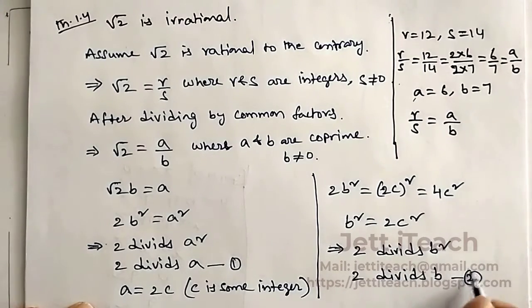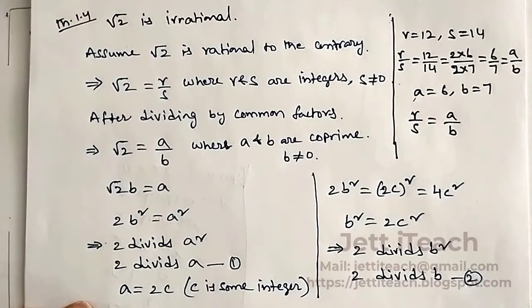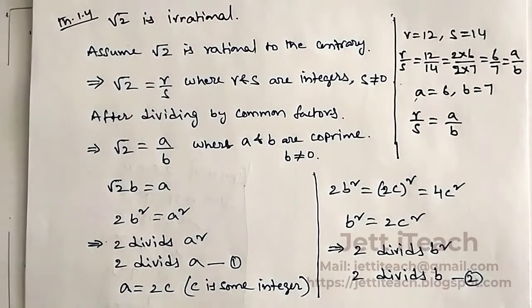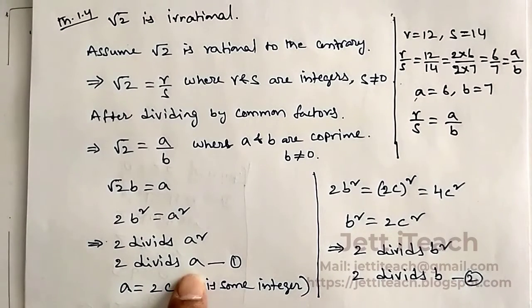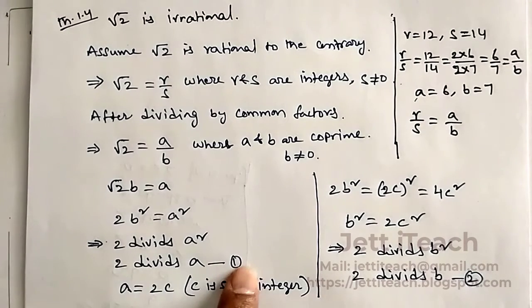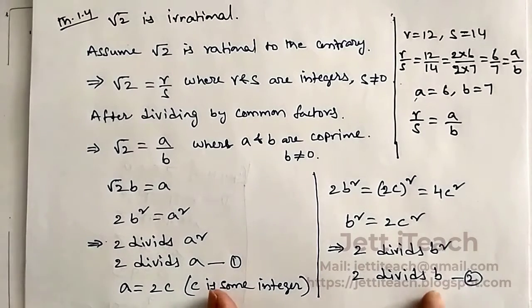It's the second point. Okay, from 1 and 2, 2 divides a, 2 divides b. It means that both a and b are divisible by 2. So a and b have a common factor 2.